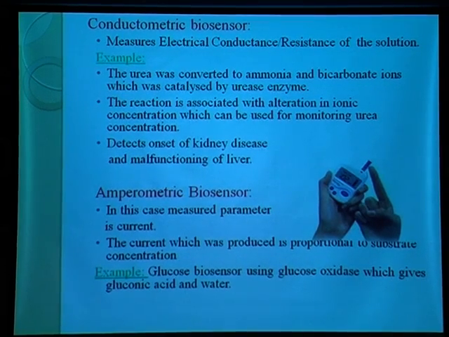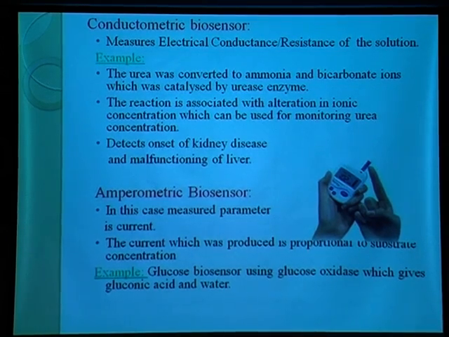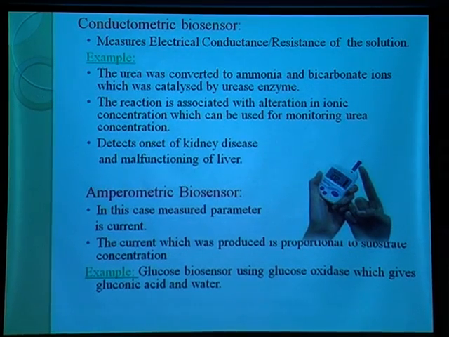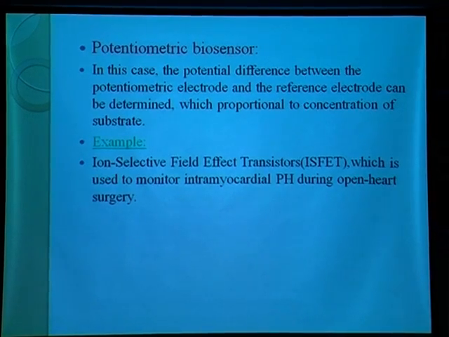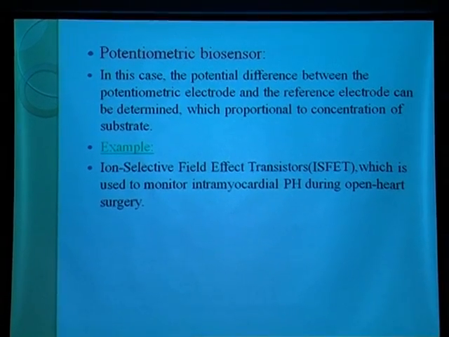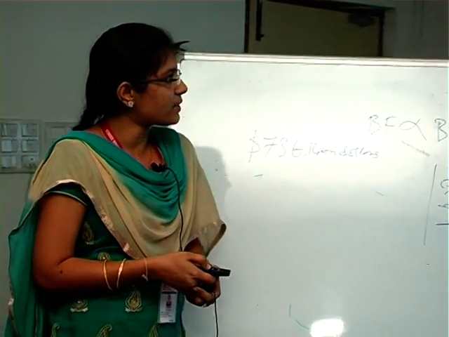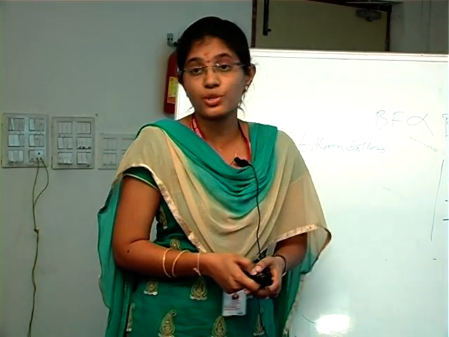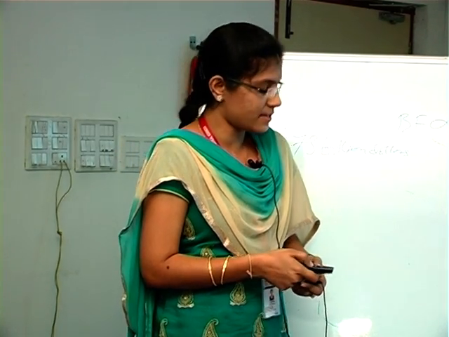An amperometric biosensor example is the glucose biosensor, which is widely used by diabetic patients. And next, potentiometric biosensors. In potentiometric biosensors, the potential difference is determined between the potentiometric electrode and the reference electrode. The example for this is ion selective field effect transistors, which are used to monitor intramyocardial pH during heart surgery.